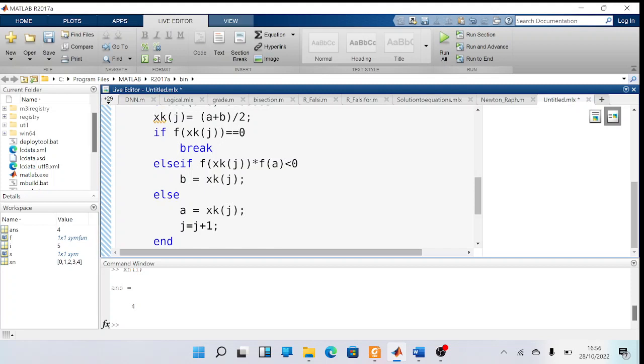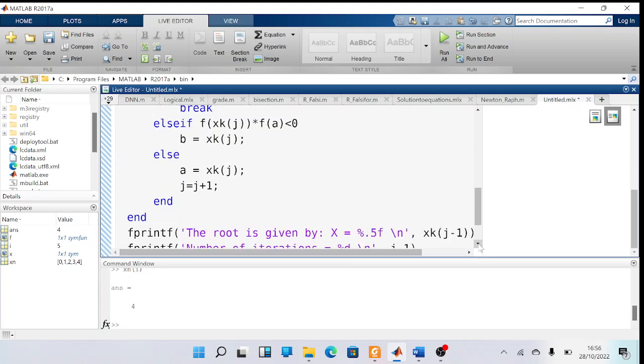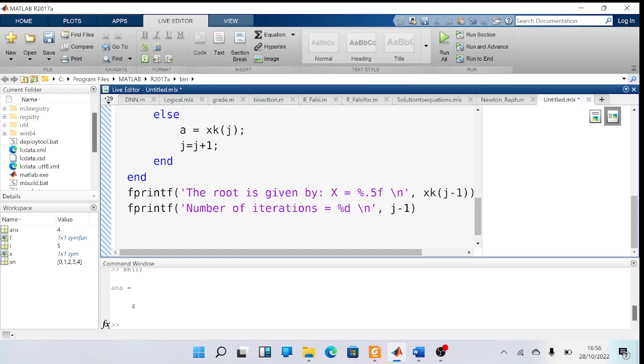If that is the case, we set b to be xkj. If it is not the case, then a is set to be xkj. Then we increase j by 1, our counter. Then we print: the root is given by x equal to that, j minus 1.